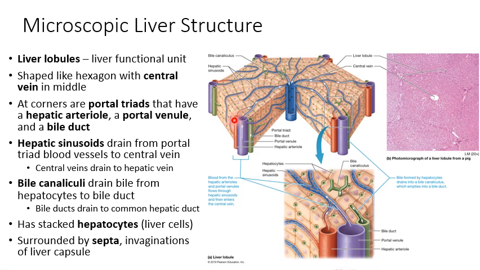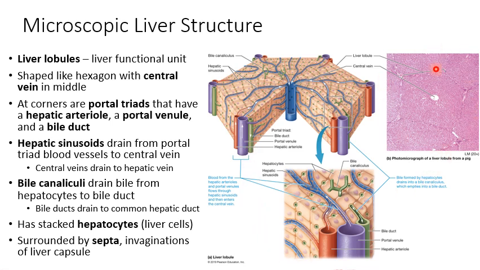The arteriole and the portal venule have sinusoid capillaries emerging from them that drain ultimately into the central vein. And then that goes to the hepatic vein and to the inferior vena cava. Then you also have these bile canaliculi in green that are collecting bile from the hepatocytes and draining into the bile ducts at each portal triad, and that is going to drain into the common hepatic duct.